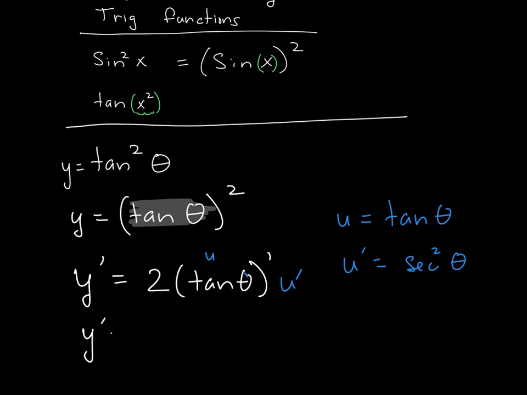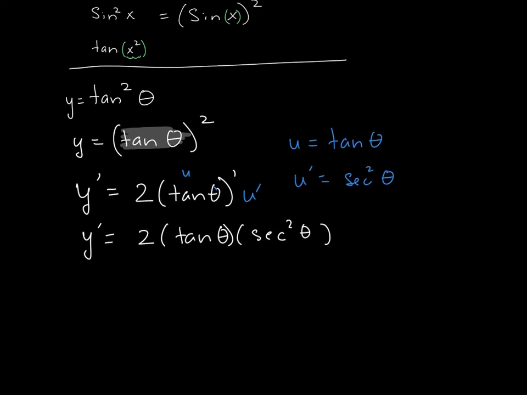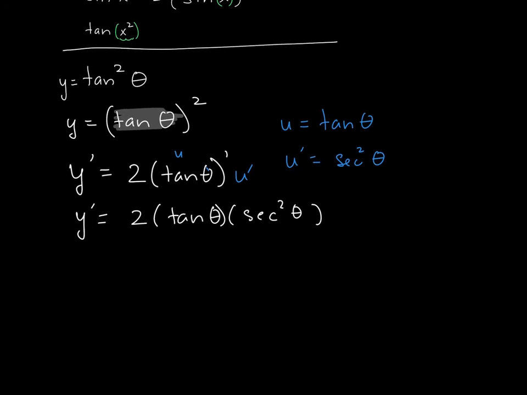So you then have the first derivative is equal to 2 tangent of theta times the secant squared of theta. Now, what's the other way we can go through and prove this? Well, could you also show using the product rule?